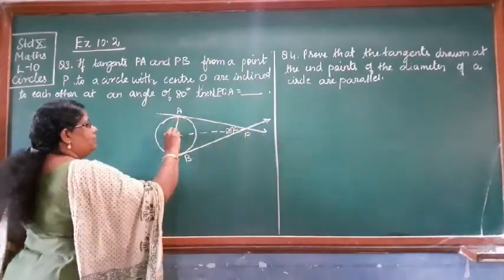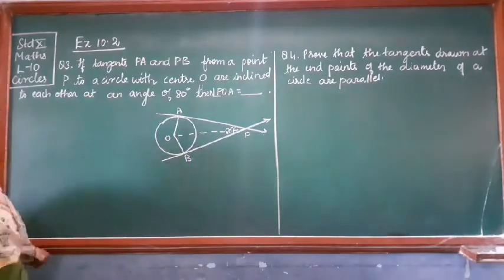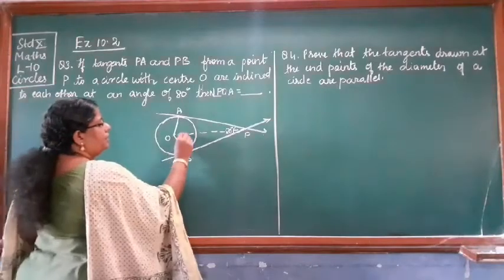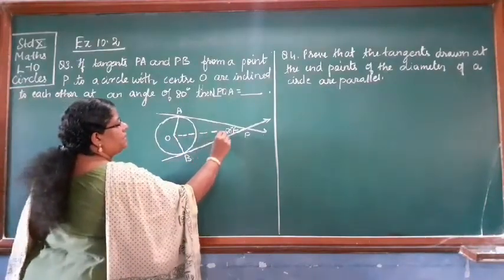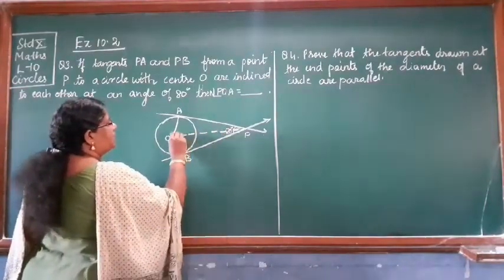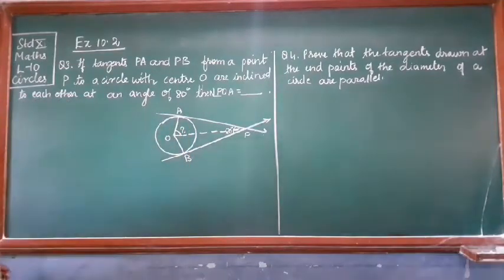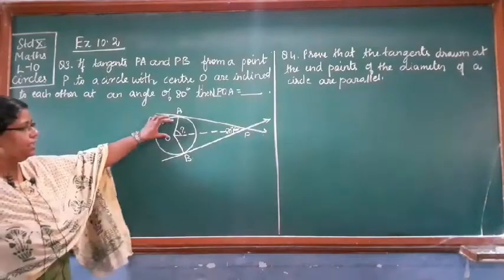We will join OA and OB. They are the radiuses of the circle. So हमें find करना है this particular angle. That is POA angle find करना है. This is our question mark. So understand the figure first and then try to think how to start with.